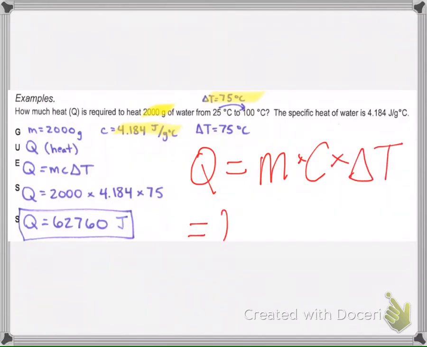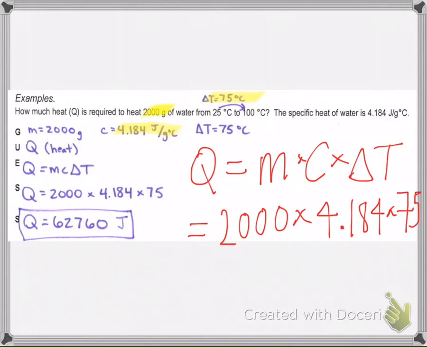Mass is 2,000. The specific heat of water is 4.184. And our temperature change is 75 degrees Celsius. And when you multiply that, you get our answer of 62,760 joules.